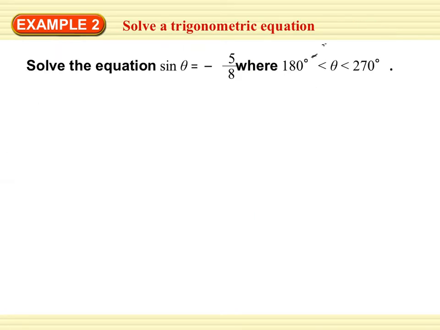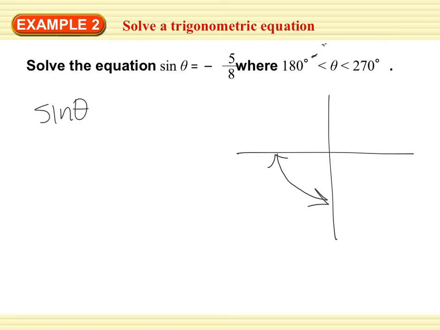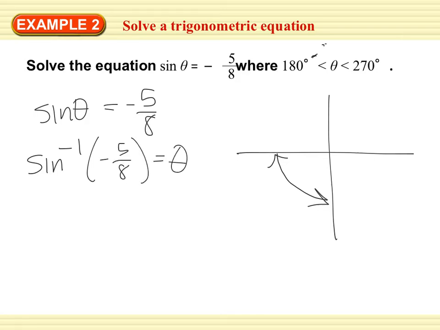All right, not sure here, so let's figure it out together. I'm in between 180 and 270, so I'm somewhere in this quadrant. Sine theta equals negative 5 over 8. That means that sine^-1 of negative 5/8 equals theta.